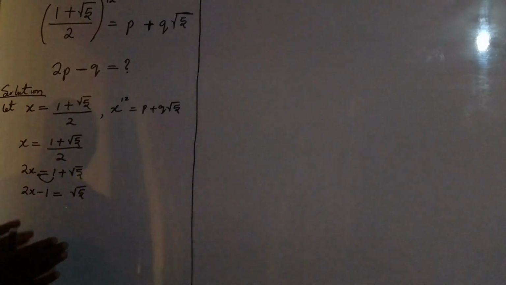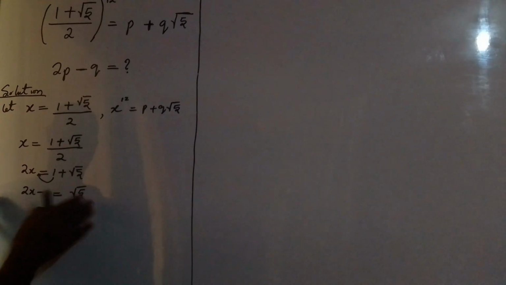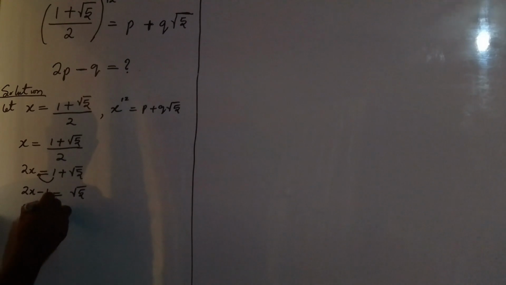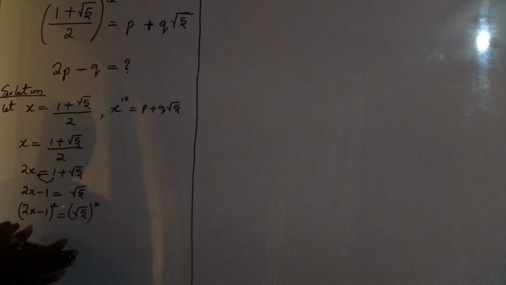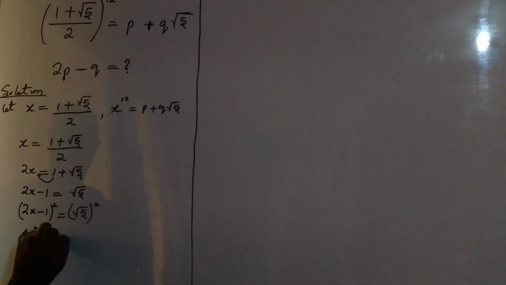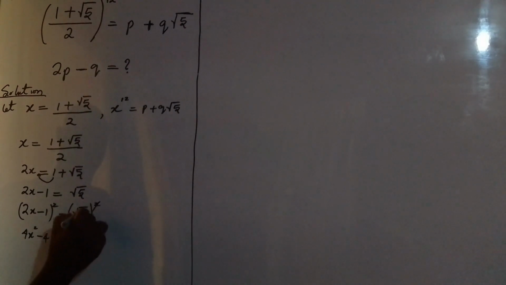At this point, I'm going to take the square of both sides, so that I have (2x − 1)^2 = (√5)^2. Once I do this, I will open up this bracket to give me 4x^2 − 4x + 1 equal to this, and this will go.